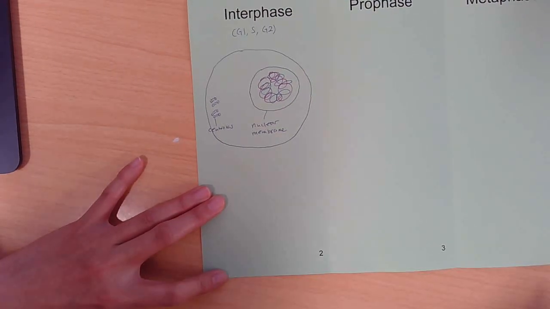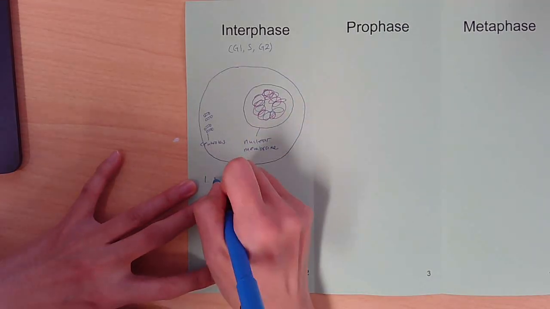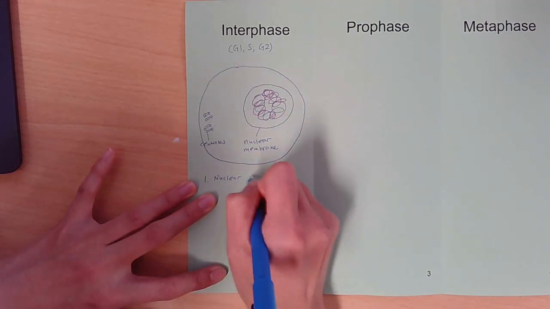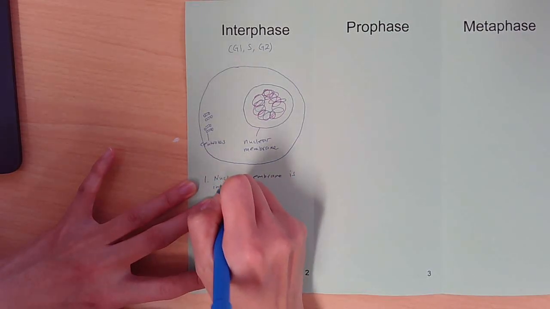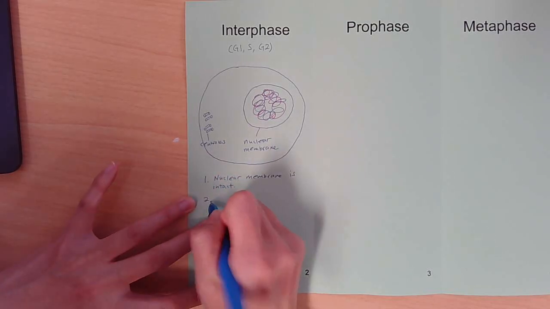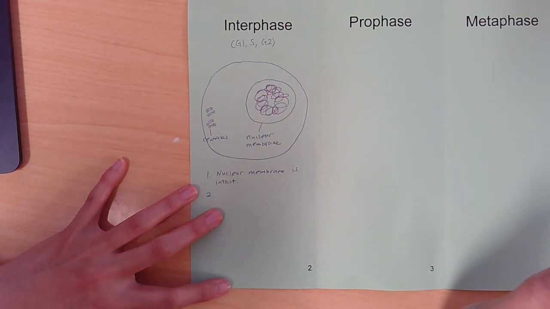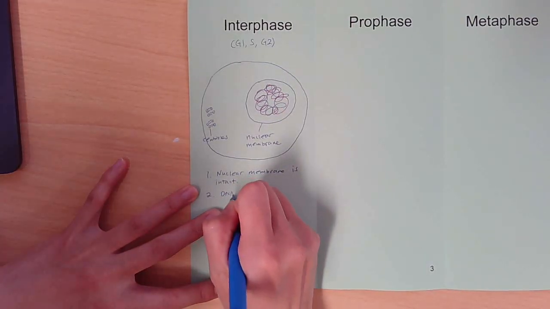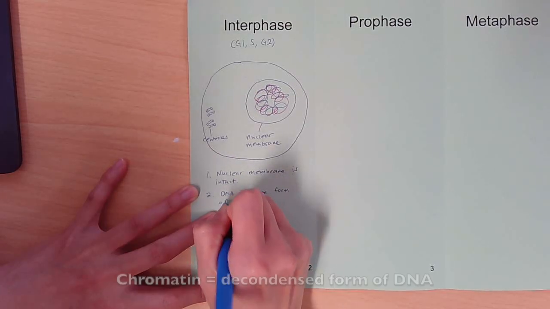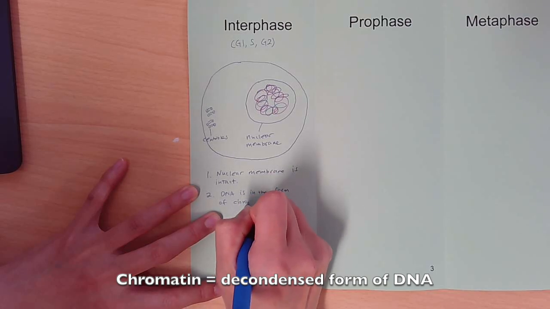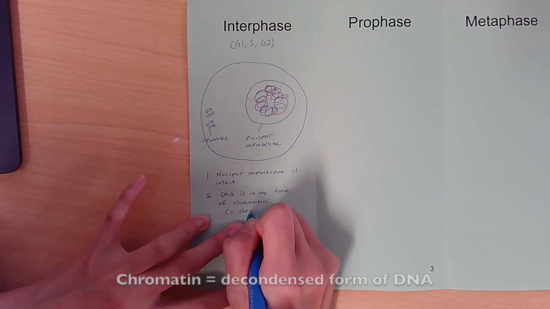Okay, so now let's go ahead and summarize all the key events that happen during interphase. So as you can see, the nuclear membrane is intact, not broken down. And inside the nucleus, we have DNA in the form of chromatin, and it means that it's not condensed. Decondensed.